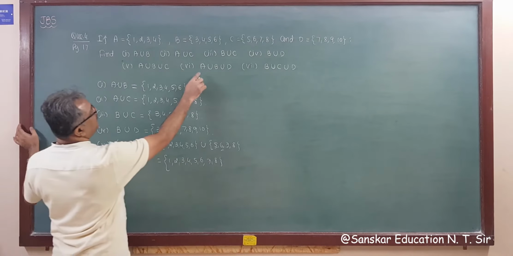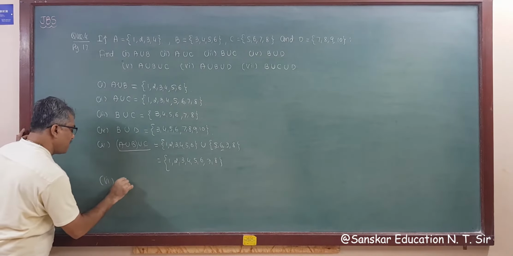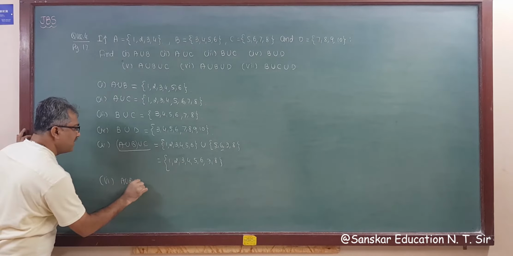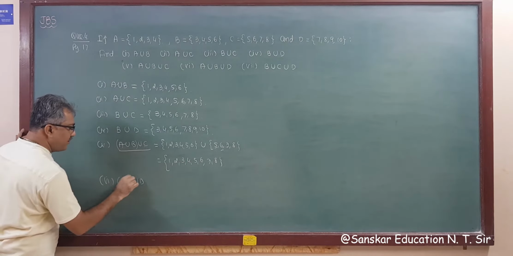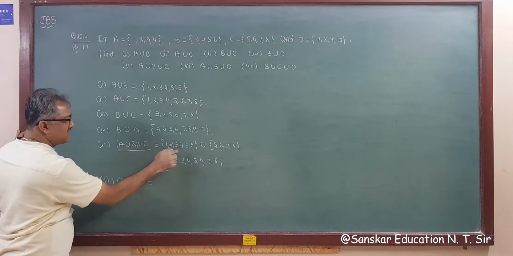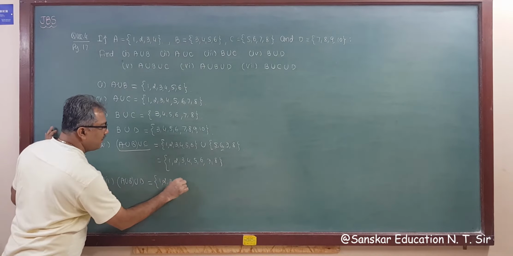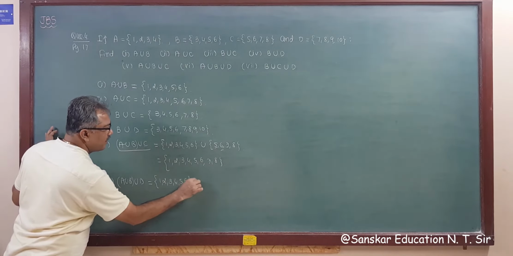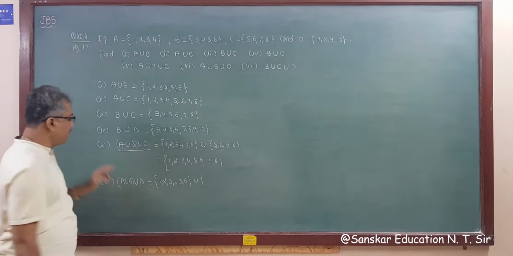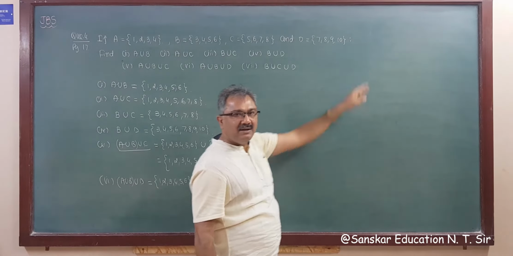Then the sixth one, A union B union D. First of all we take A union B, which is 1, 2, 3, 4, 5, 6. Now D is 7, 8, 9, 10.